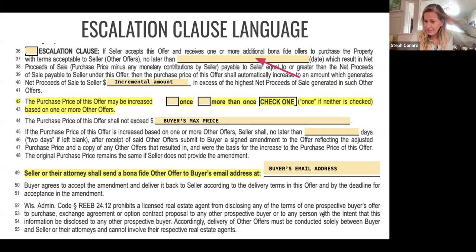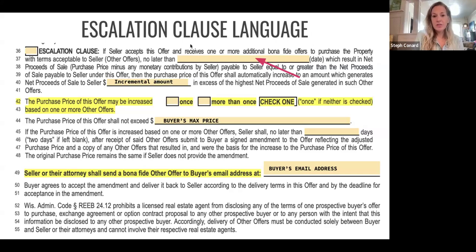Kind of, again, a really wordy way of saying we'll beat your offer in this incremental amount named on line 40. So let's say $1,000. We'll beat any other net offer by $1,000.